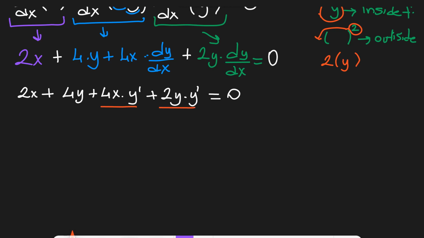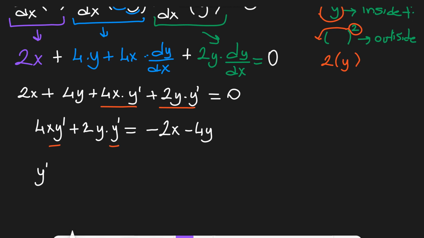Derivative of y terms are common here. Let's keep these terms on the left hand side and put the rest of the terms on the right hand side by changing their signs. Y prime is a common factor here. Let's factor it out, leaving behind 4x plus 2y.